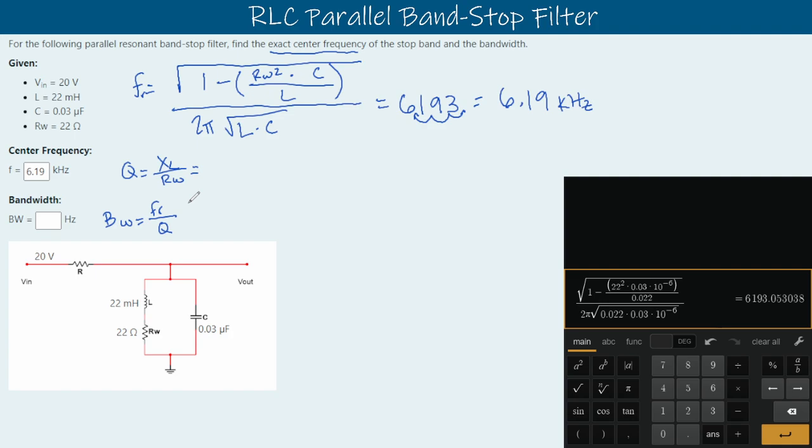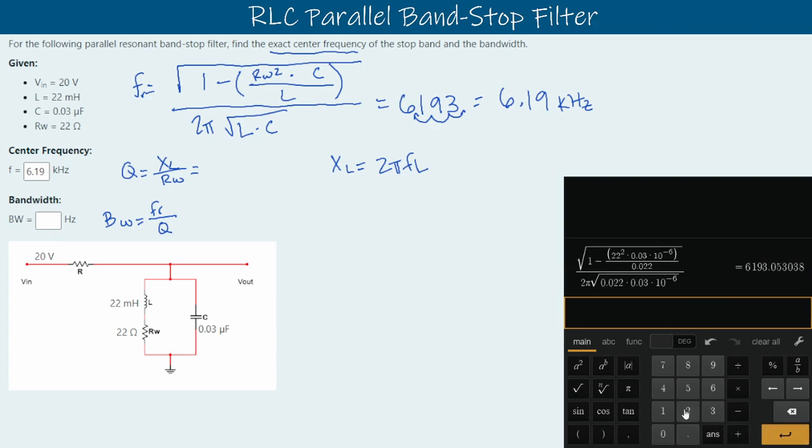And we need to find XL first. So we'll set XL equal to 2 pi FL. We just found our frequency, so we can plug that in. We'll say that we have 2 pi times our frequency of 6190, that's our full frequency that we rounded to, multiplied by our inductor value of 22 millihenries, so 0.022.